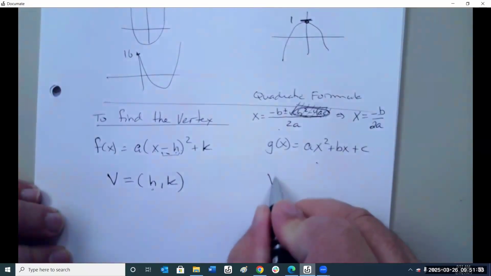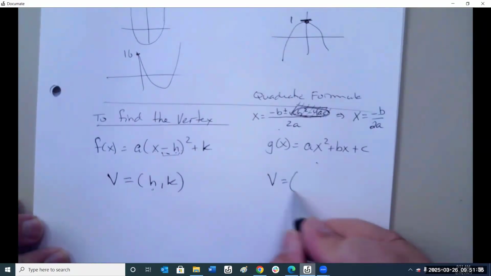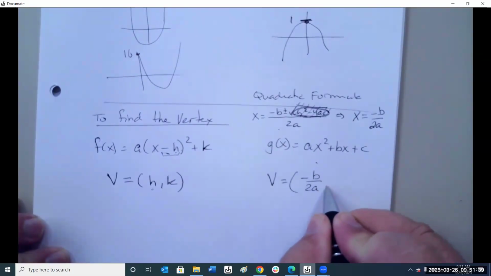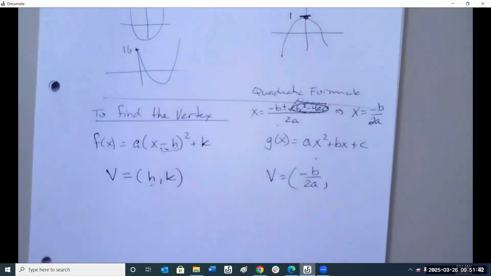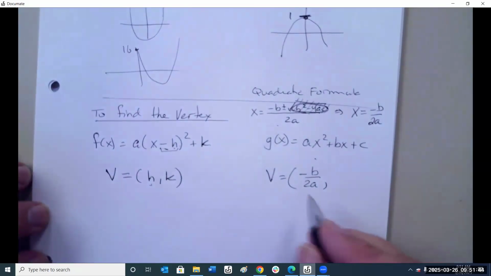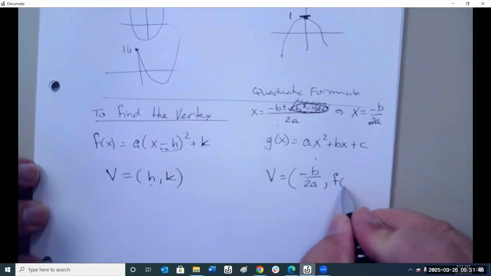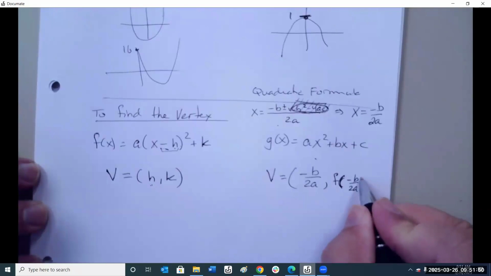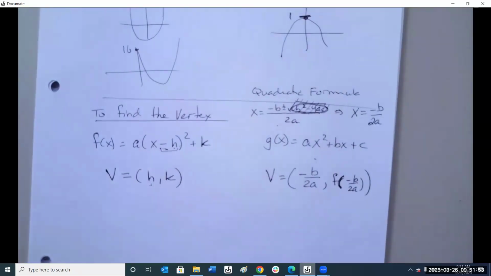So the vertex's x value will be at -b over 2a. Once we find that, we plug it back into the equation, and that gives us the y value.